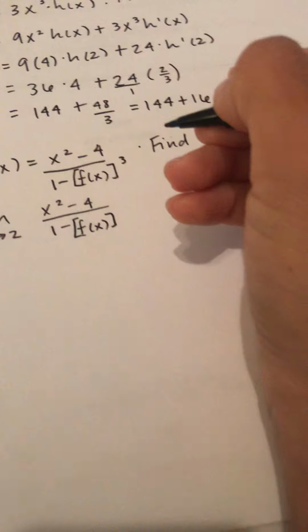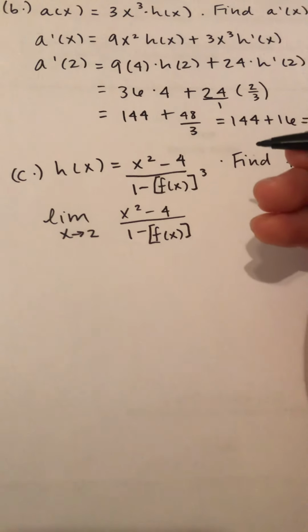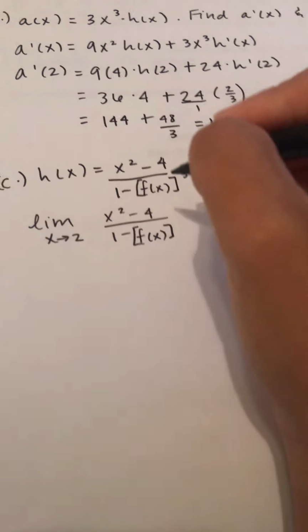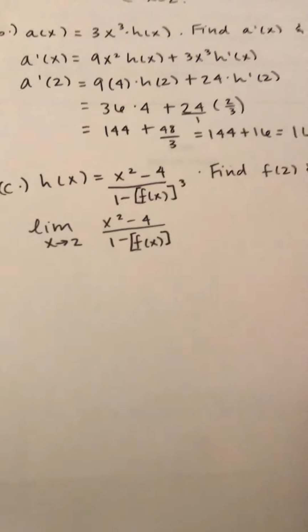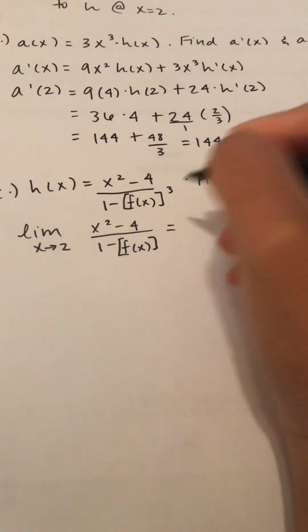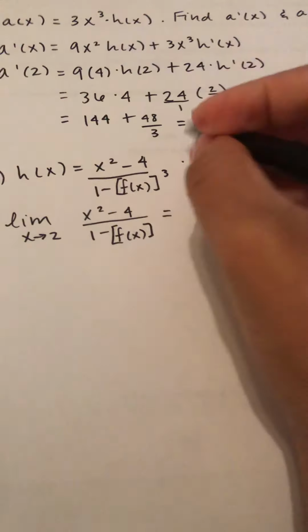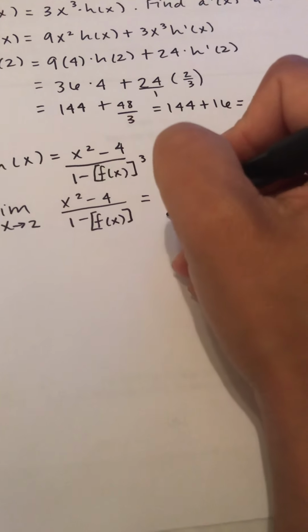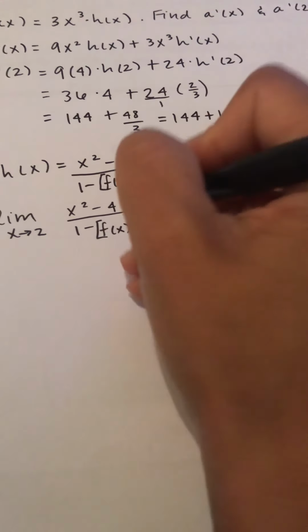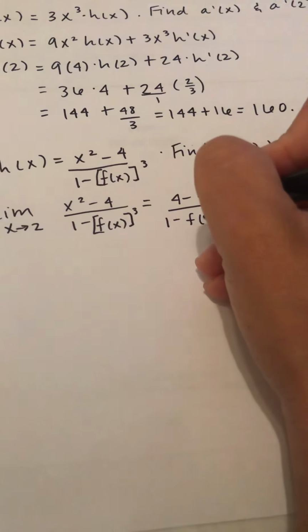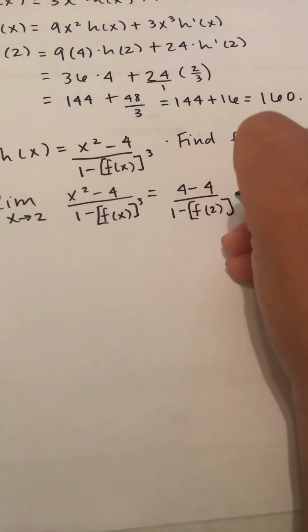Okay, so I'm gonna do direct substitution first, and I hope we get 0 over 0, or that's the goal, because we can use L'Hopital's rule. So 2 squared is 4, 4 minus 4 on my numerator, all over 1 minus, oh, and I forgot the cubed here. Don't forget that. So I have f of 2, all of that is cubed.